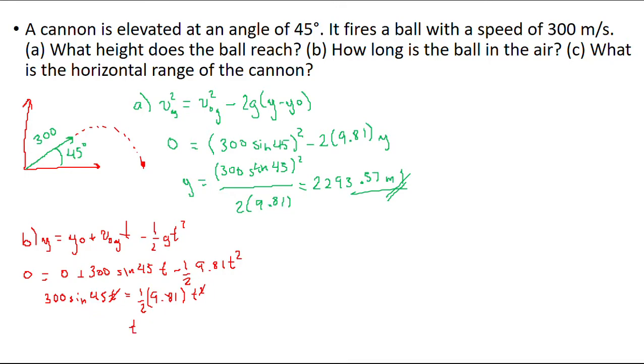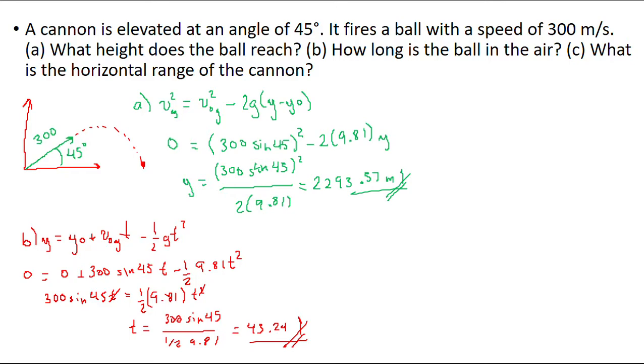I'll just write t is going to be equal to 300 sine of 45 over a half of 9.81. And that's gonna be, if you do it in your calculators, 43.24. Okay, so that's the total time that the ball is in the air.